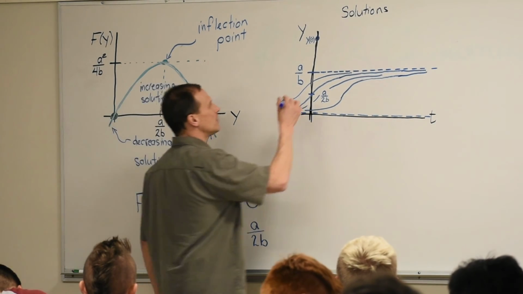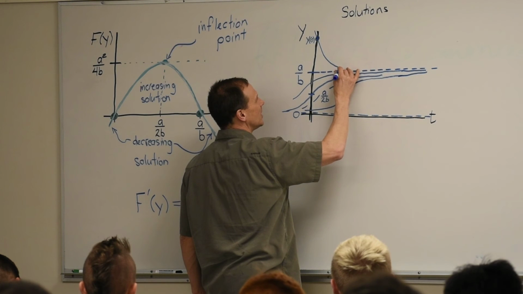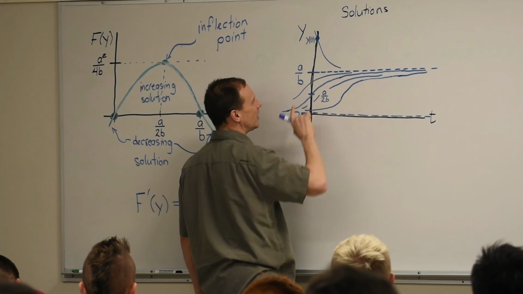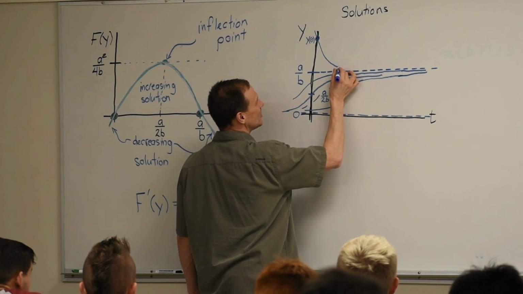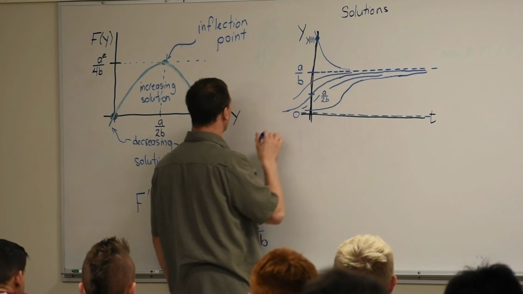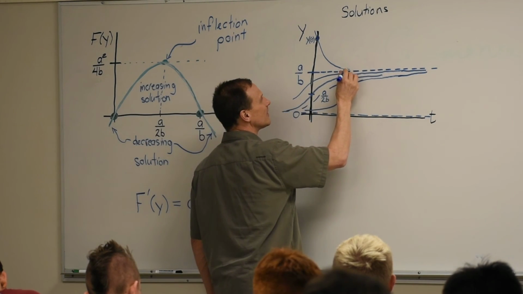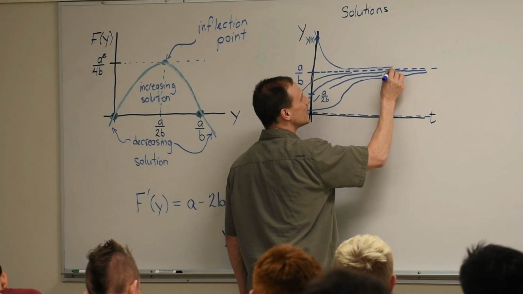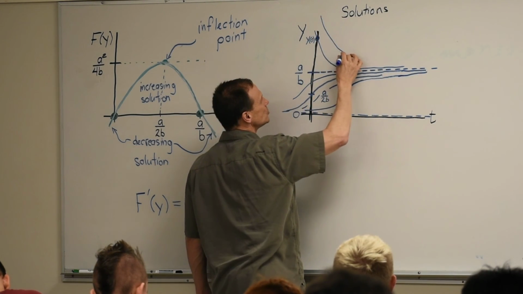Okay, so now I have a function that's coming down. But wait a minute. Can it cross? It can't cross a over b. As it approaches a over b, it's approaching a slope of 0. And you can start y of 0 higher.